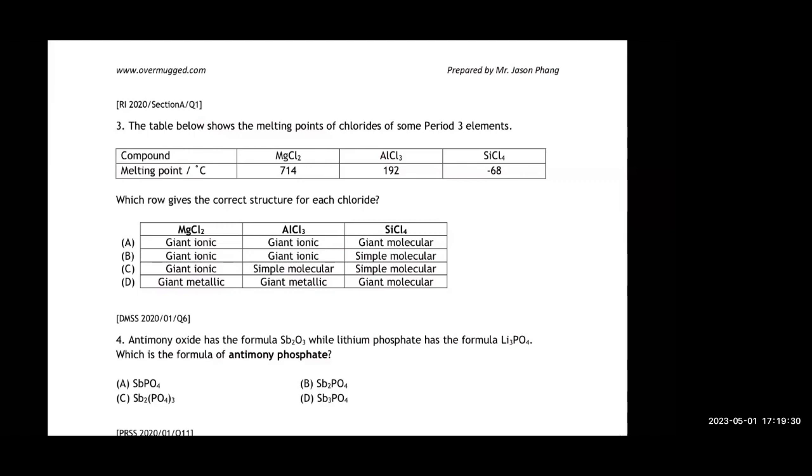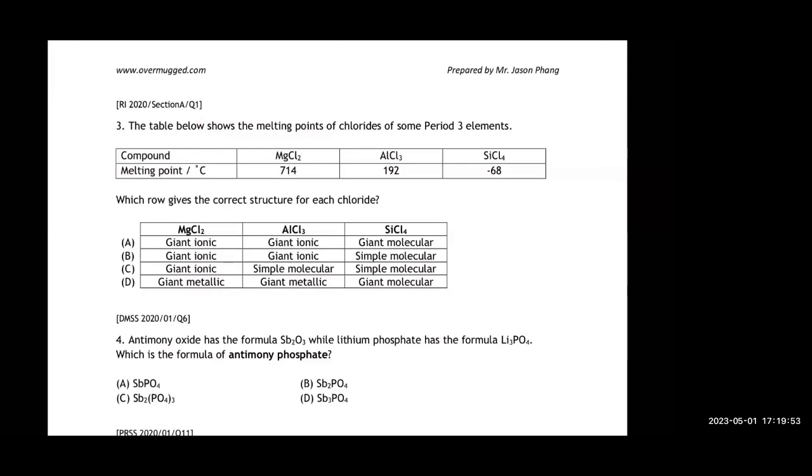What am I overcoming in a giant ionic compound to melt? Strong forces of attraction. So when I have to overcome the strong electrostatic forces of attraction, I need a lot of energy. Melting point very high.